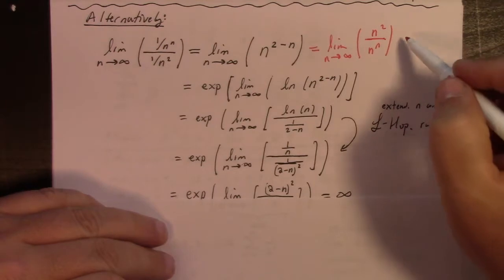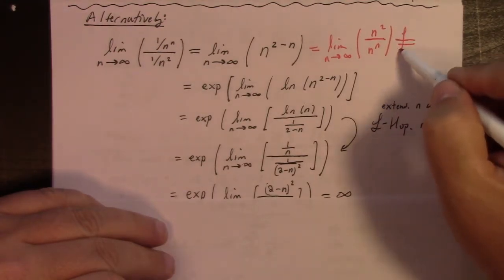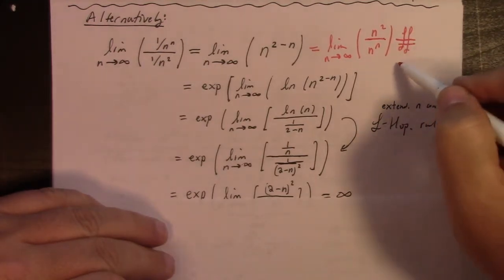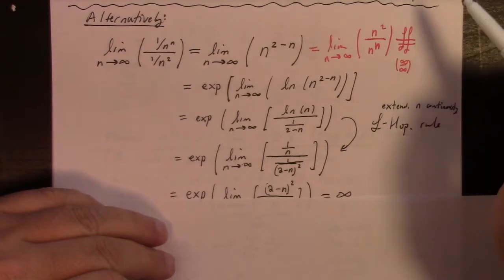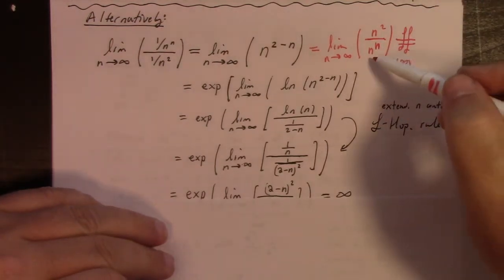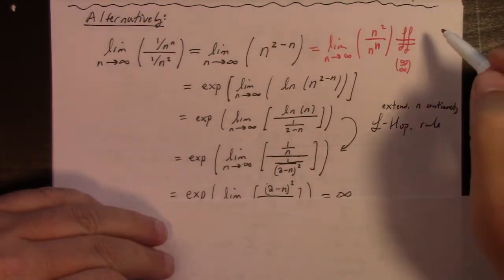And if I were to, for purposes of brevity, just apply L'Hopital's rule, type infinity over infinity, 2 times, it's not entirely pleasant because I've got to learn how to differentiate n to the n to do the denominator.